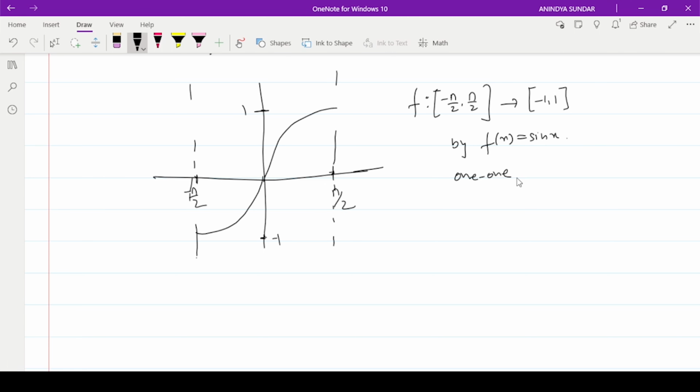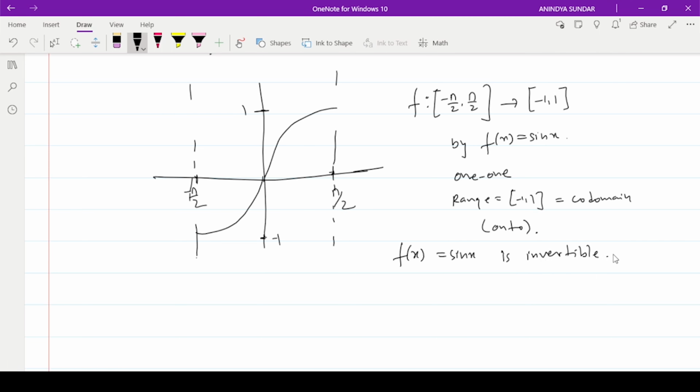Okay, now for onto, you can check the range. The range is -1 to 1, which is the same as the codomain. That means this function is also onto. So since this function is 1 1 and onto, my new f(x) with restrictions is invertible. This restricted function is now invertible.